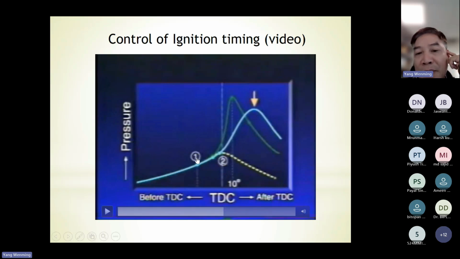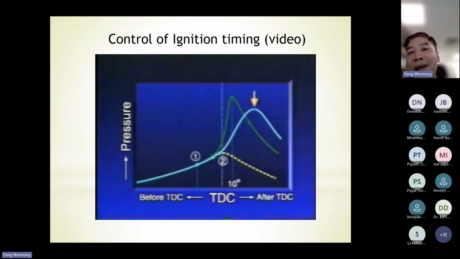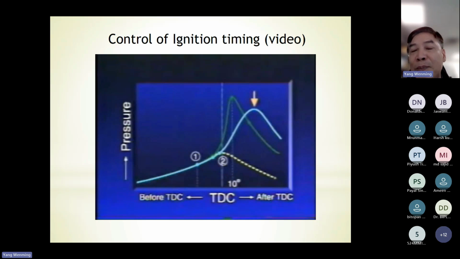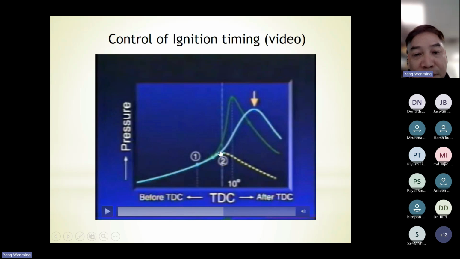In this case the engine speed is doubled, which means the crank angle from the spark release until the combustion starts changes. The ignition delay time in milliseconds is the same as this one.